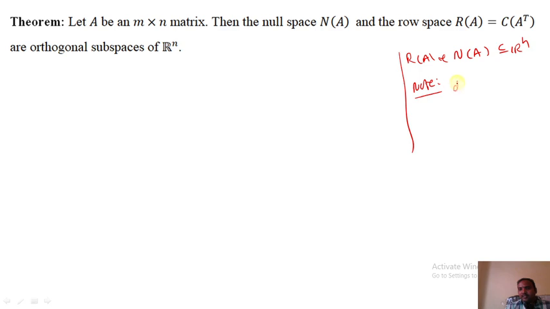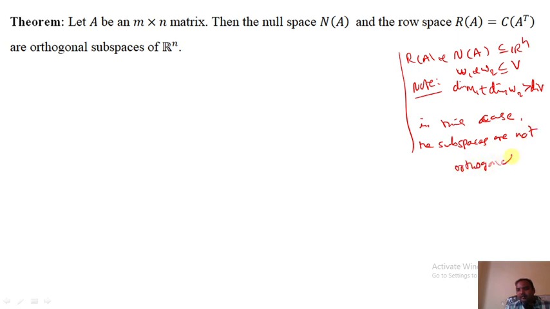Remember one more point, note. Suppose W1 and W2 are subspaces of V. If the dimension of W1 plus the dimension of W2 is greater than the dimension of V, in this case the subspaces are not orthogonal.